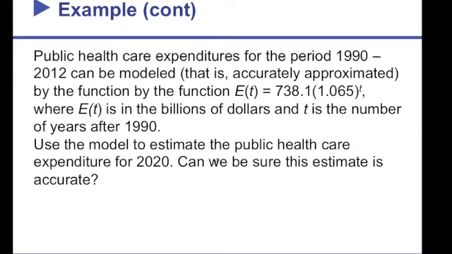Now, use this model to estimate the public health care expenditures in 2020. Well, in that case, t is going to equal 30. So we'll take 738.1 times 1.065 raised to the 30.